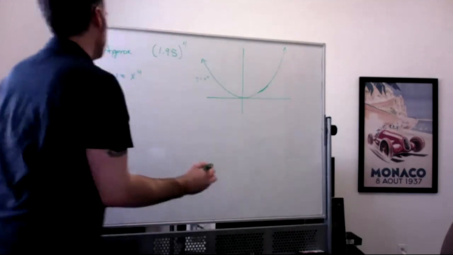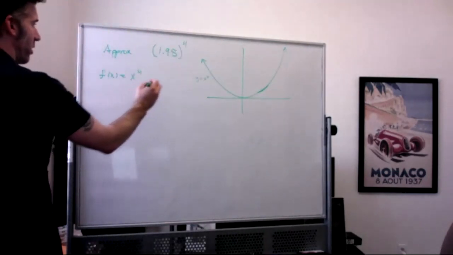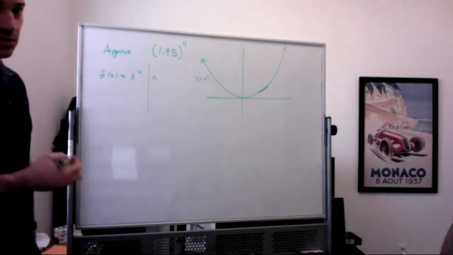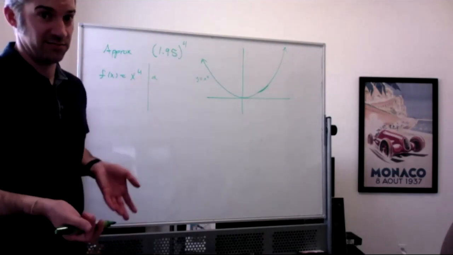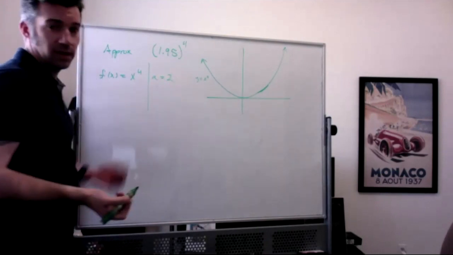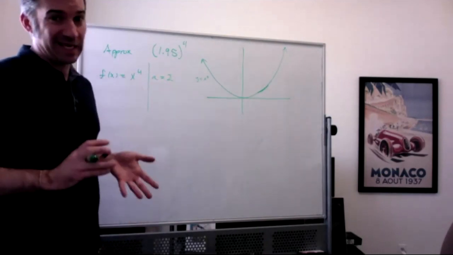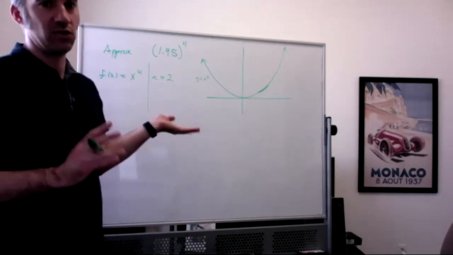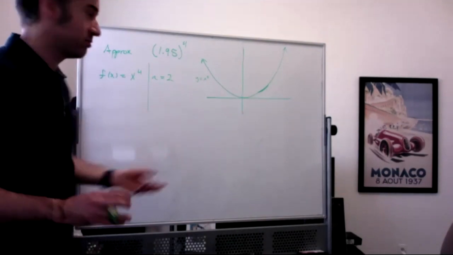And our a value, well, let's see, what's the thing that's close to 1.95 that's easy to raise to the 4th power? 2. They're going to try and make it easy for you to identify a. A should be something that is easy to plug into whatever your function is.